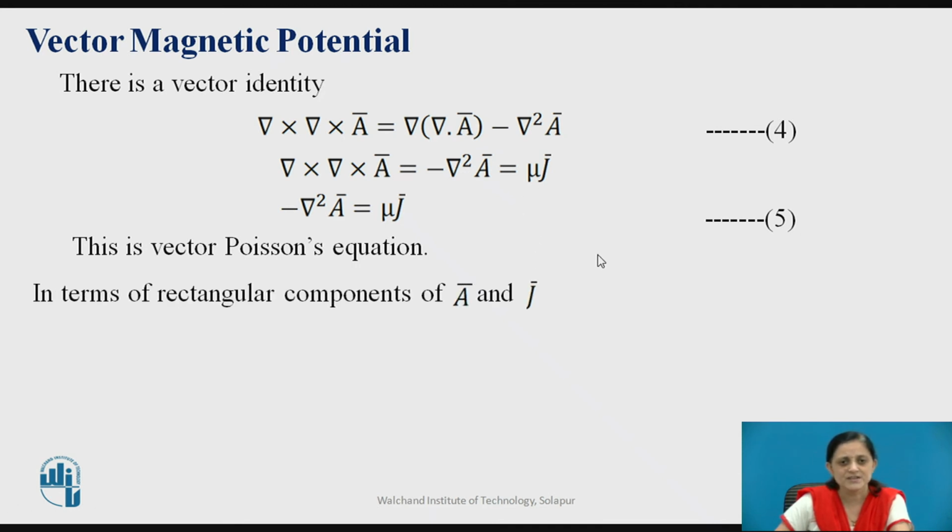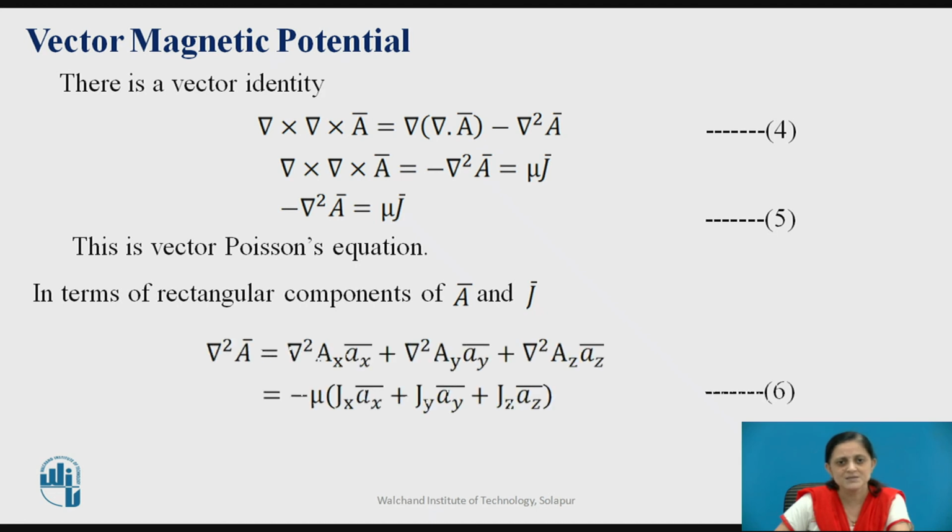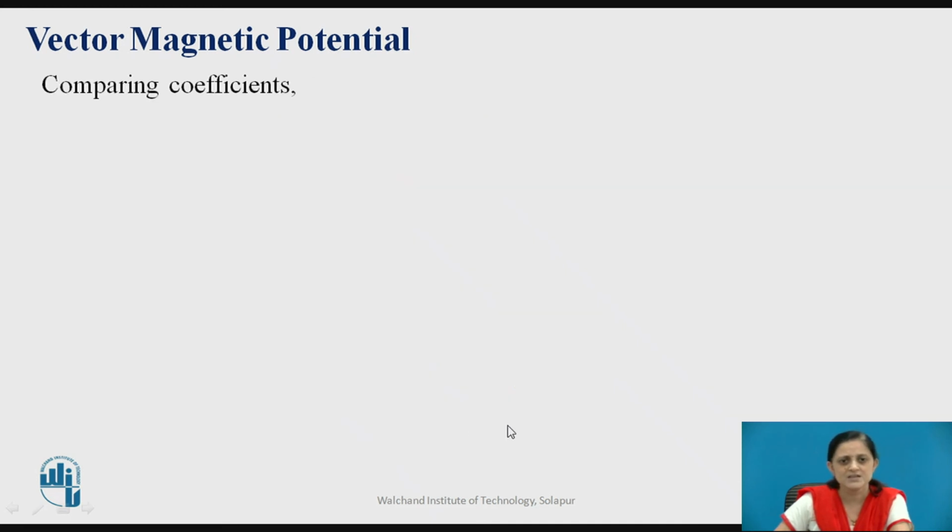In terms of rectangular components, that is the rectangular coordinate system with coordinates x, y, z, A bar and J bar can be written by considering the del square A bar term. Del square A bar can be written as del square Ax a bar x plus del square Ay a bar y plus del square Az a bar z. Similarly, you can define J bar in the rectangular coordinate system as minus mu times (Jx a bar x plus Jy a bar y plus Jz a bar z).